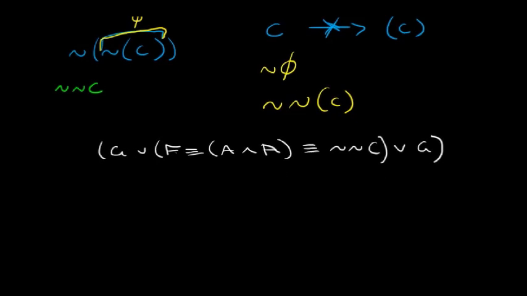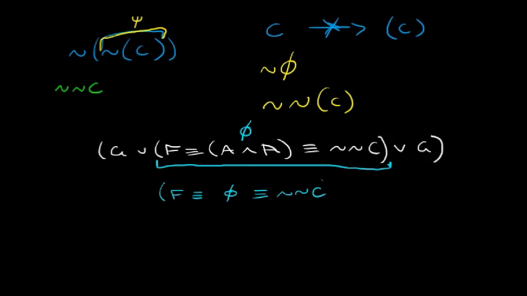So let's look at just this inner bracket here, from here to here. F and not C are both well formed. Let's use phi to stand for A and A. Again, it looks like we're going to have F if and only if phi, if and only if not C. So we've got two operators within the same bracket. It's not well formed. We're going to need to add in an extra pair of brackets.